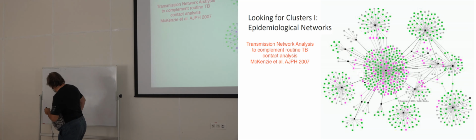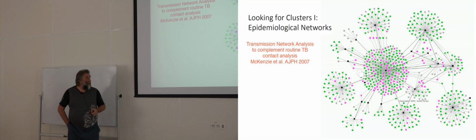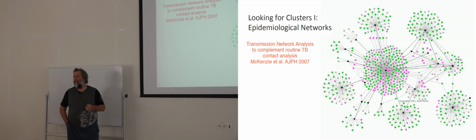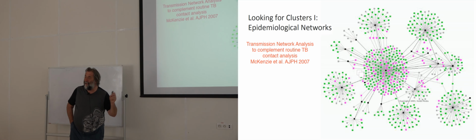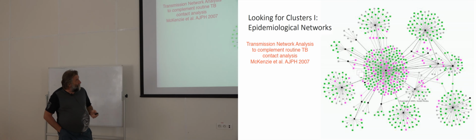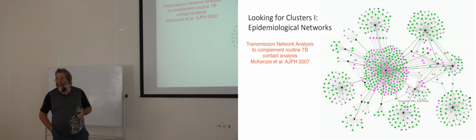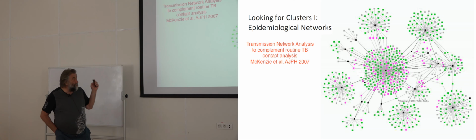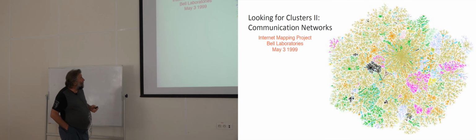And one of the things that epidemiologists are starting to study quite a bit now is the fact that these networks are inhomogeneous. Some people know a lot more people and contact a lot more people than other people, so the degrees of the vertices are different, and that means that when they're trying to figure out how to attack an outbreak, they should take that into account. And we're going to talk about that too.